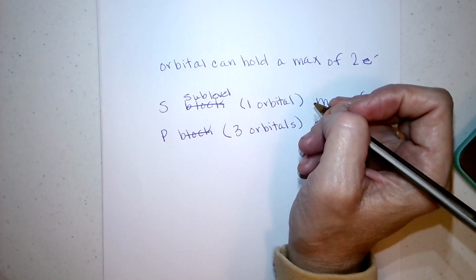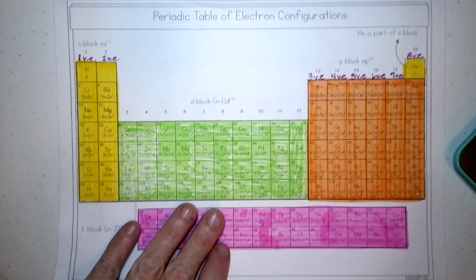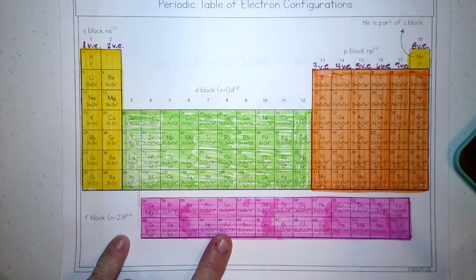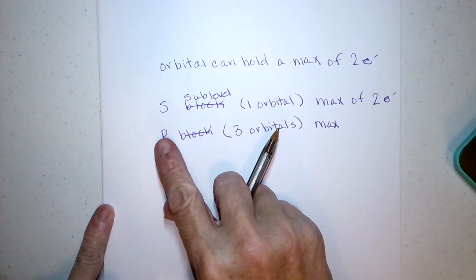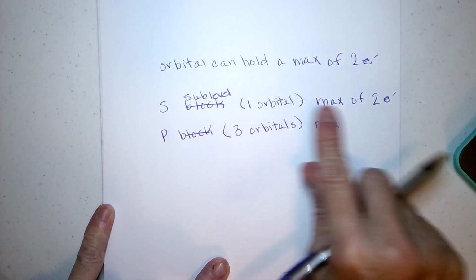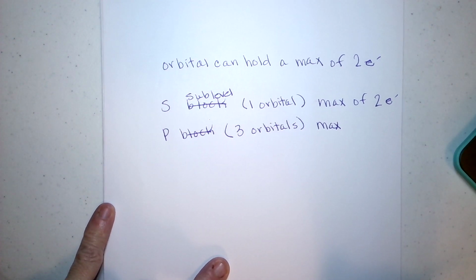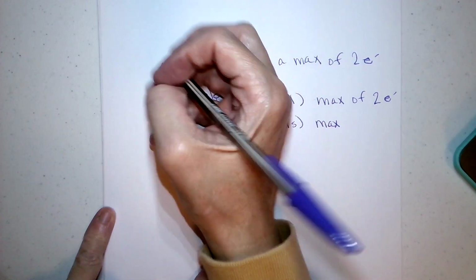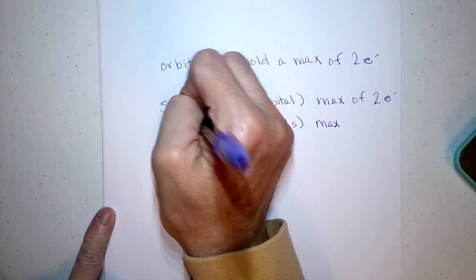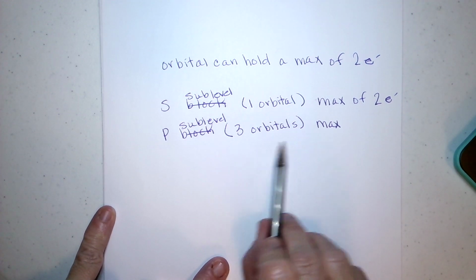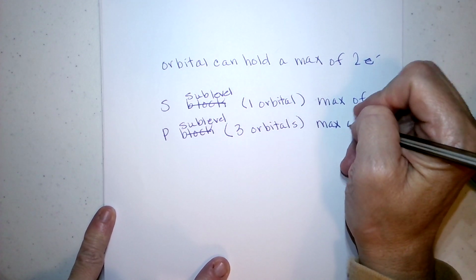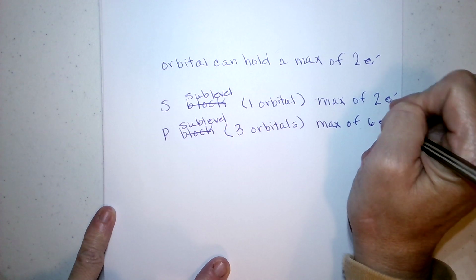When we refer to these locations on the periodic table, these are called our blocks, okay? But I'm talking about these sublevels. So we have an S sublevel. It has 1 orbital. It can hold a maximum of 2 electrons. We have a P sublevel, and it has 3 orbitals, and it can hold a max of 6 electrons.